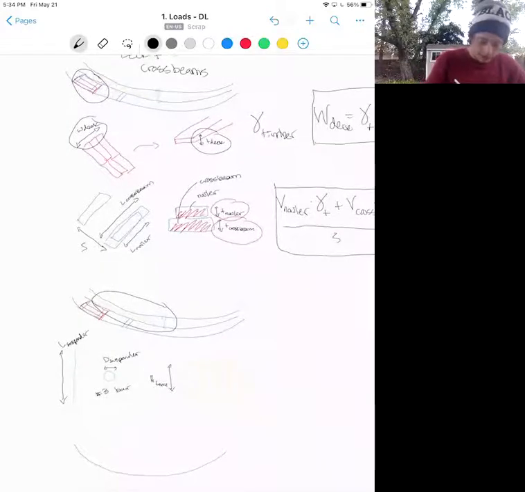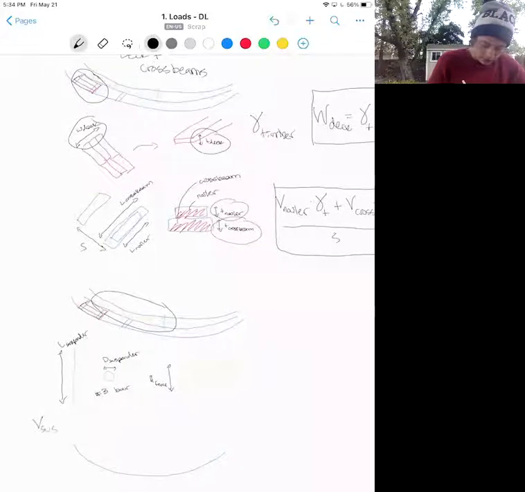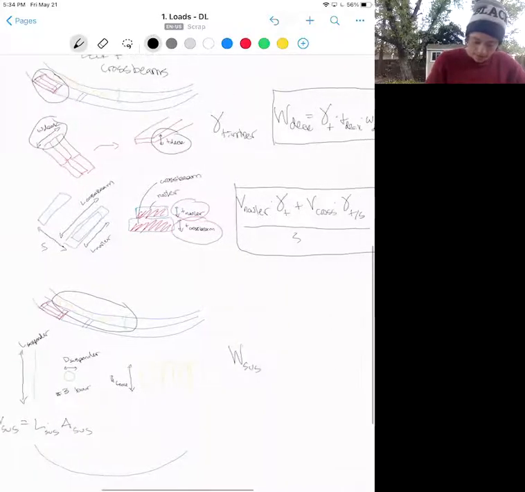So for the suspenders, our volume of suspender is just going to be that length times the area of the suspender, and that's going to give us our W suspender, which is our volume of suspender times density of steel times 2 divided by S, which is our spacing.